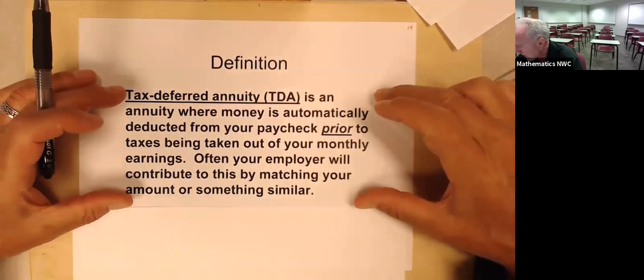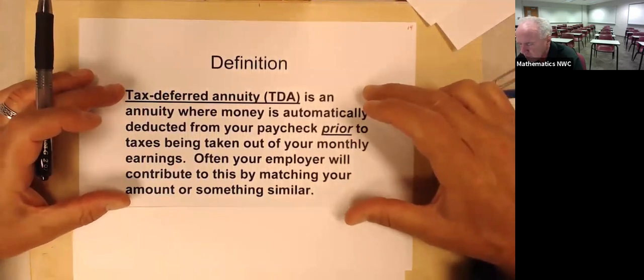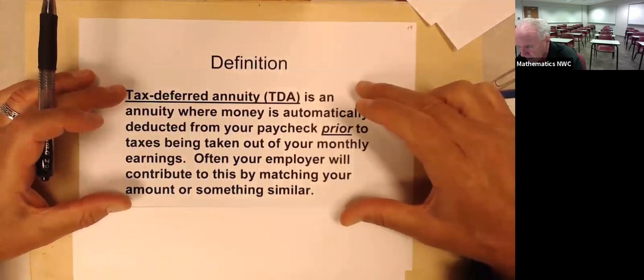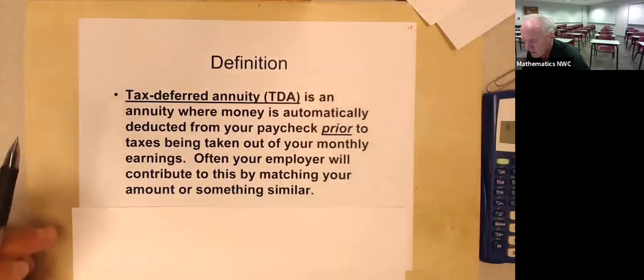I'm going to take an example now, and it's super important that you understand this example for your own financial benefit over the next 40 years. Okay, so here we go. Very, very important example.